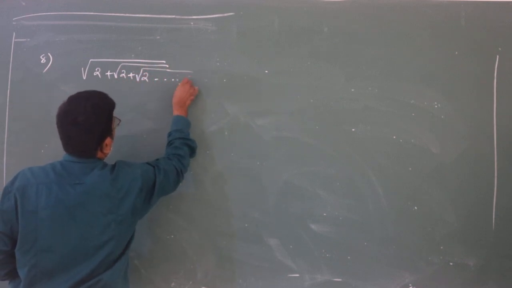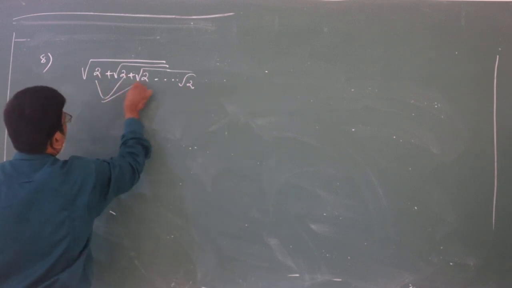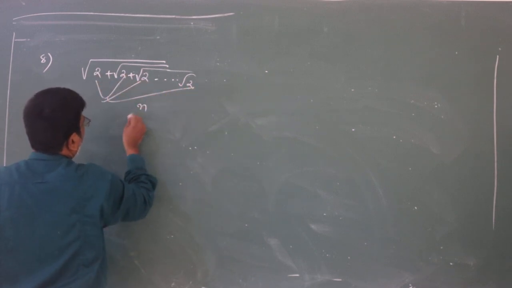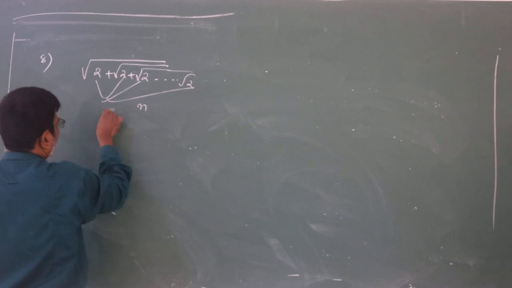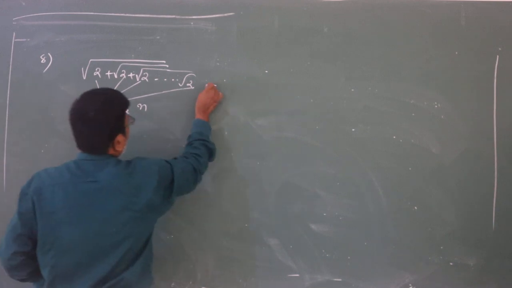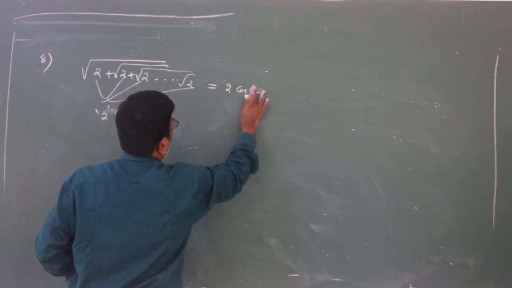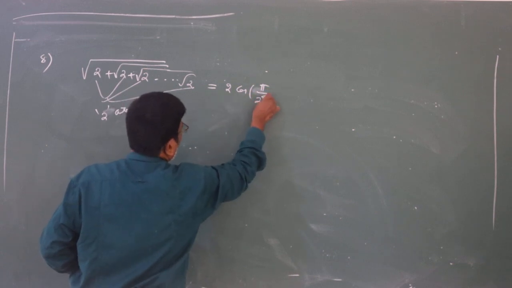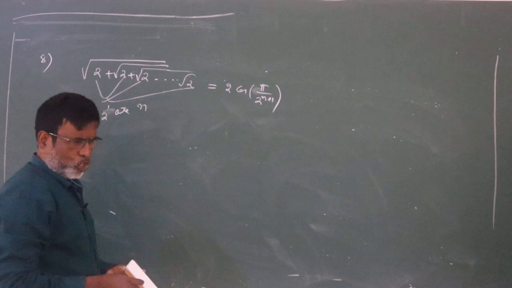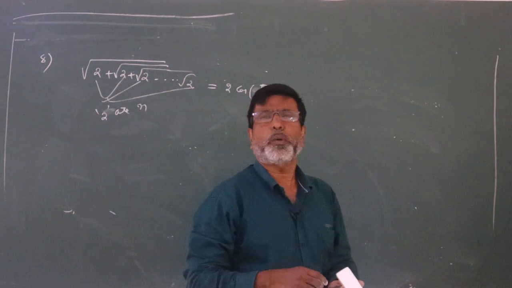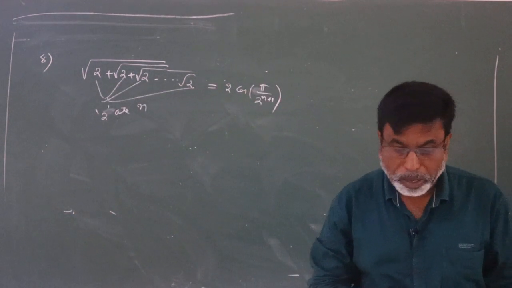Counting the 2's, if there are n 2's, then the value is 2 cos of pi by 2 power (n plus 1). This is the shortcut.